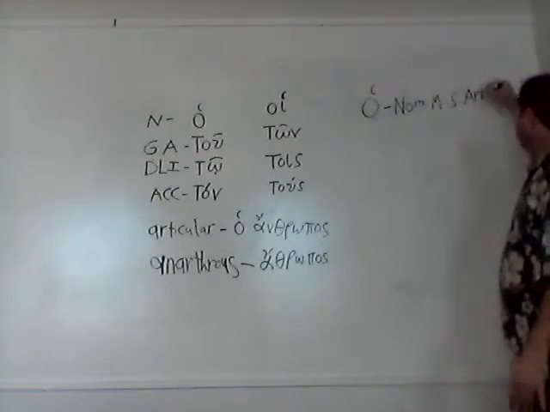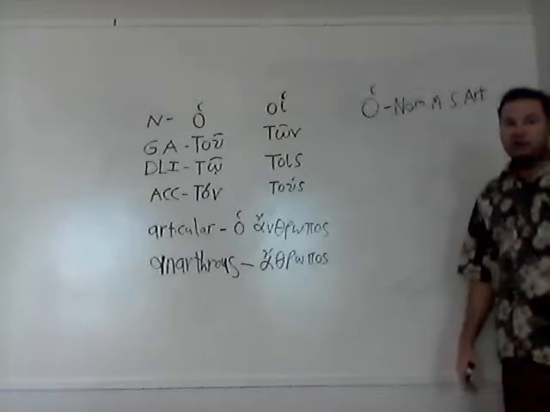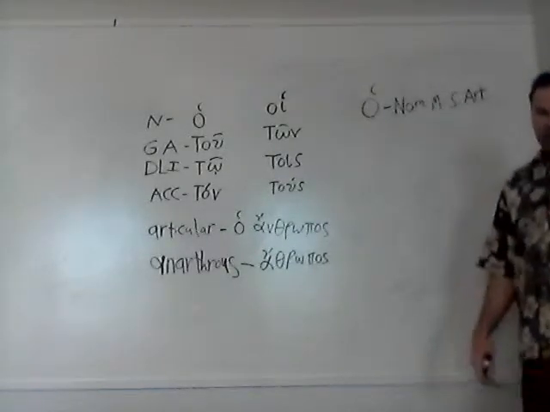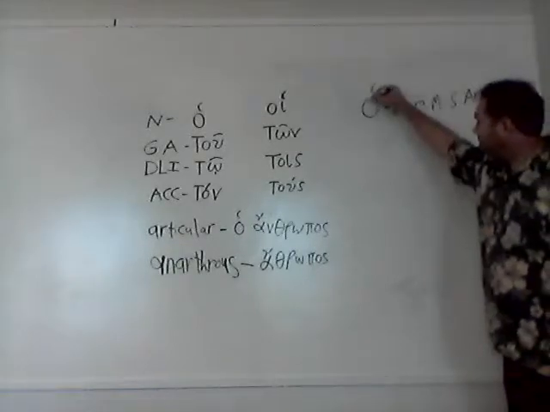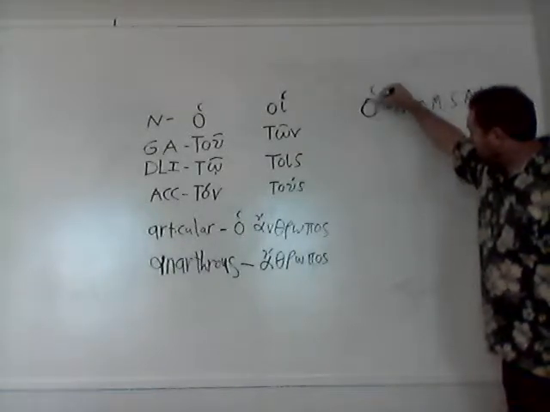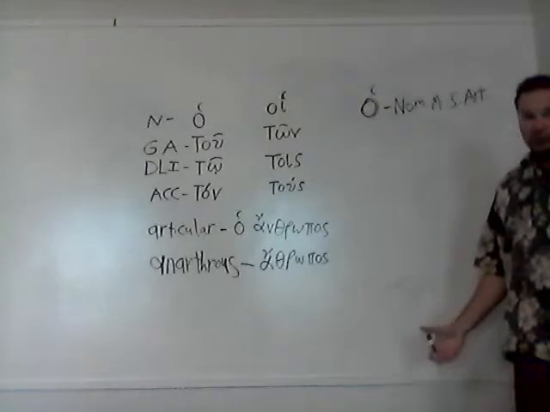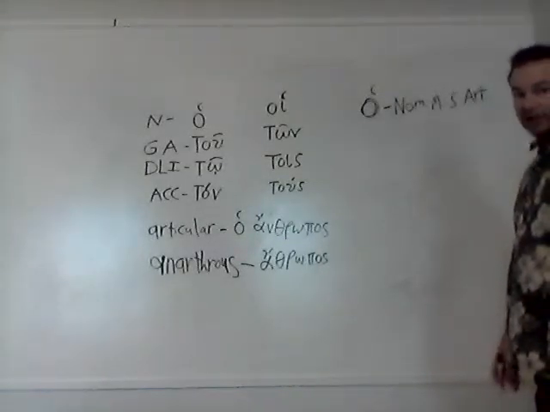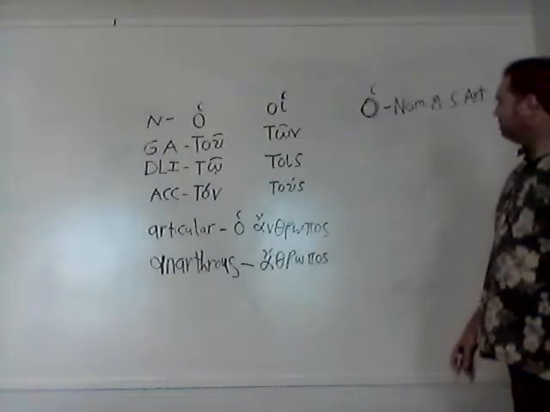Not science, but art. Now, you don't need to write a root. That's the root, and that's the only way it's going to appear. So each article, you don't need to write a root. You just need to write a, nominative, masculine, singular, art, etc. And that tells you what you need to know.